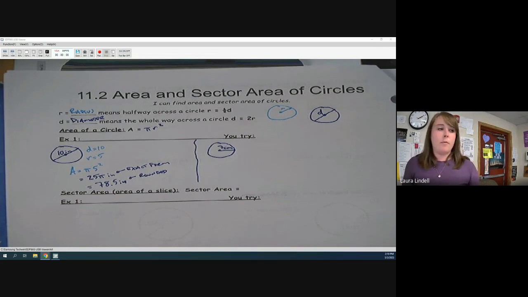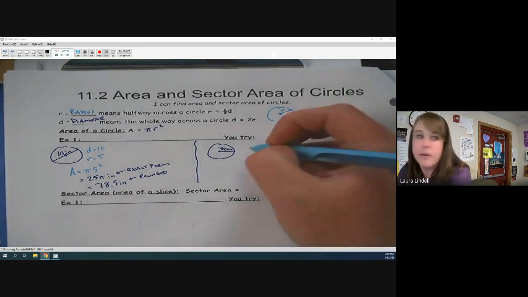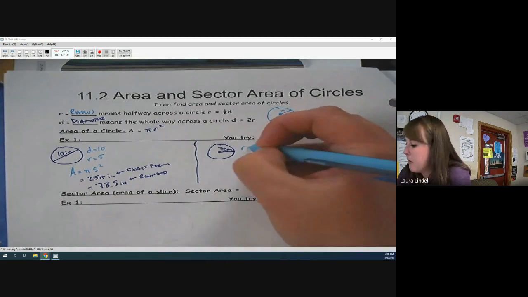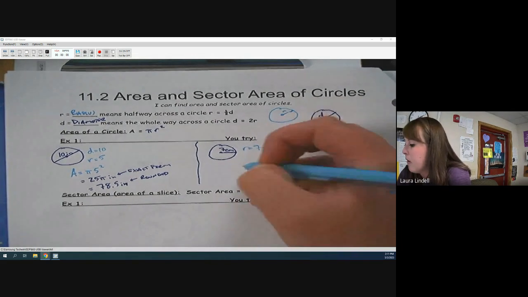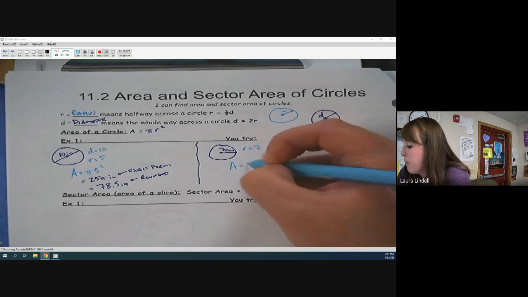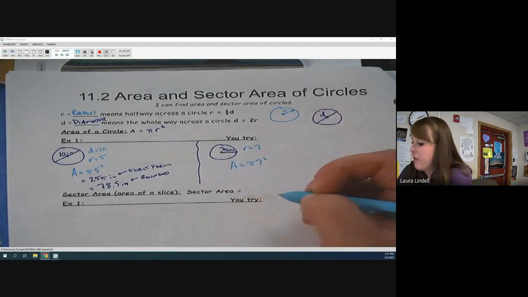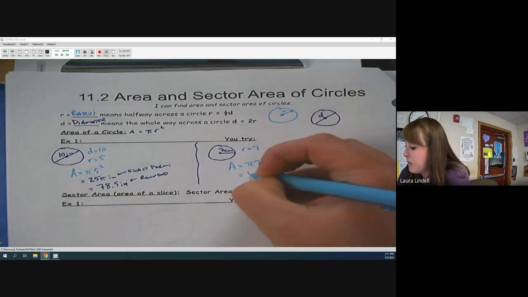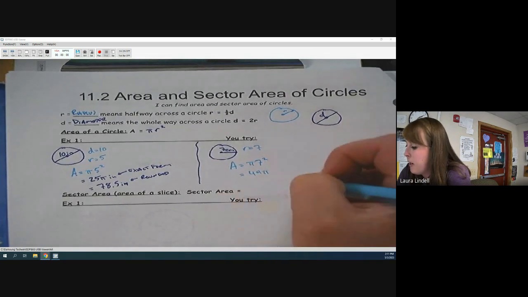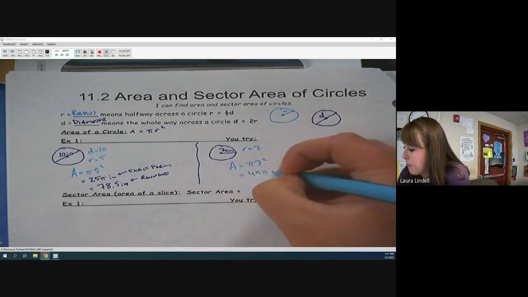All right. Hopefully you paused it, gave it a go. And let's check our answer here. So in this case, we have 7 centimeters is the radius. So we can just go pi times 7 squared. 7 squared, 7 times 7 is 49. So 49 pi would be our exact answer.